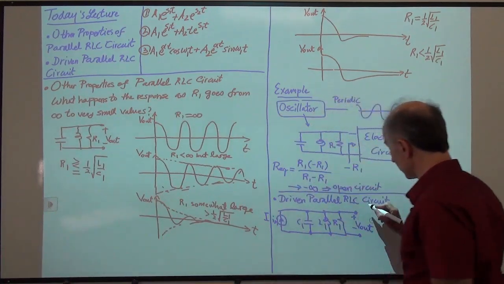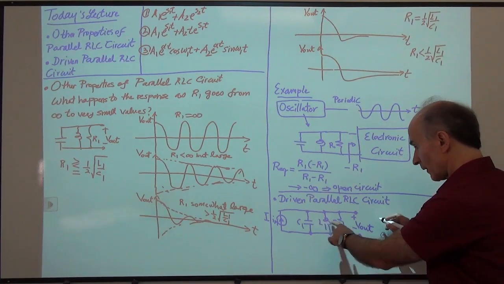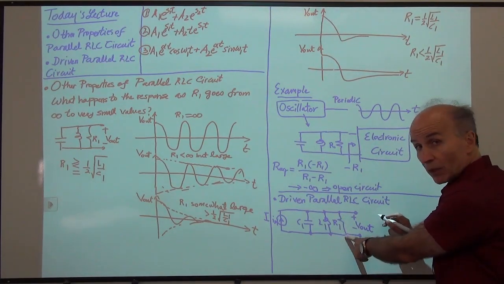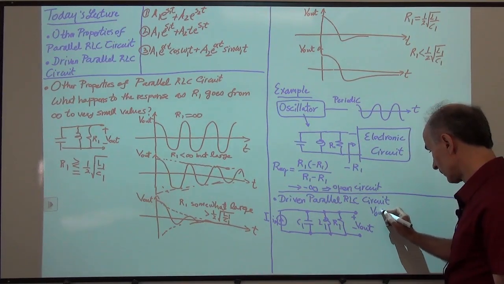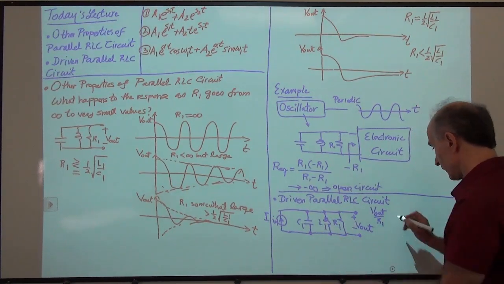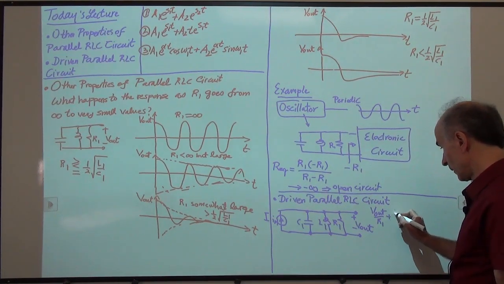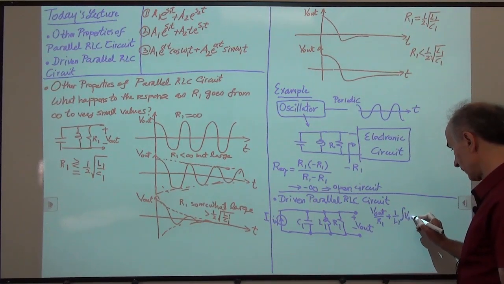So what we had was, we wrote this current as V out over R1. Then we had this current, which is 1 over L1 integral of V out dt.